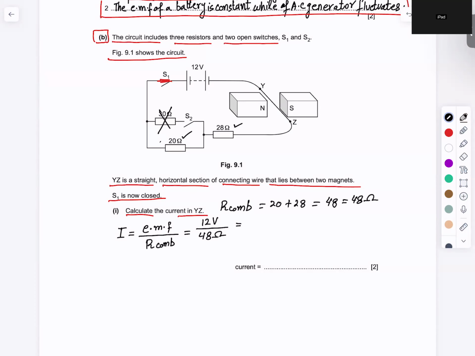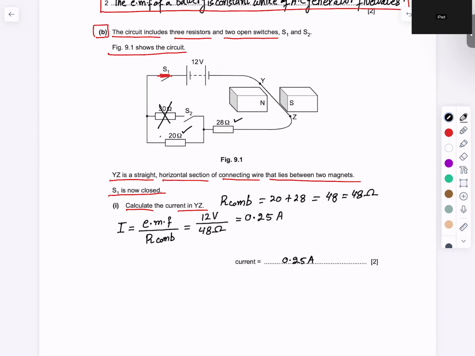So it will be 12 over 48, it's 0.25 ampere. So the current in the circuit is 0.25 ampere.